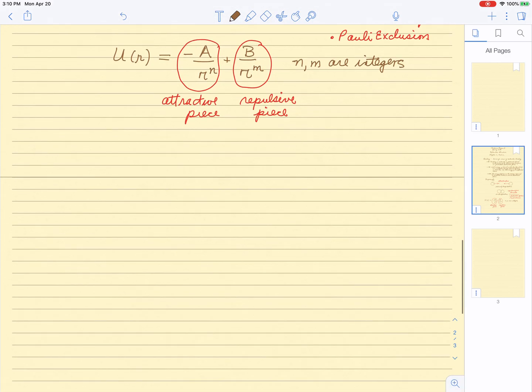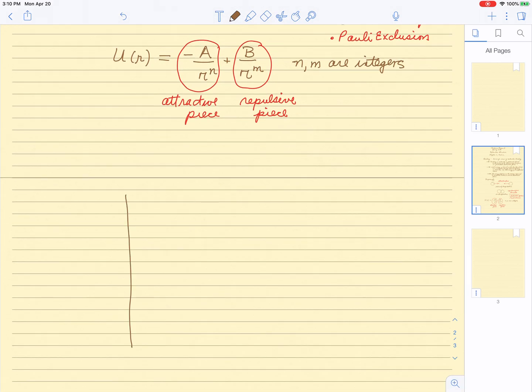And so typically, if one were to look at the energy as a function of separation between the two entities, we have an attractive piece, which is negative.